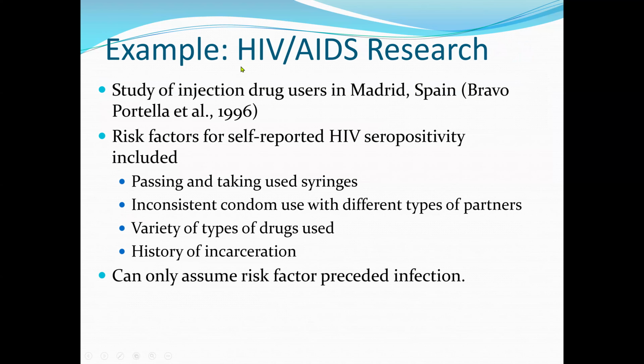An example of a cross-sectional or prevalence study is HIV/AIDS research, a study of injection drug users in Madrid, Spain. This study was done in 1996, and the goal was to find the risk factors for self-reported HIV seropositivity, including passing and taking used syringes, inconsistent condom use with different types of partners, the variety of types of drugs used, and history of incarceration.